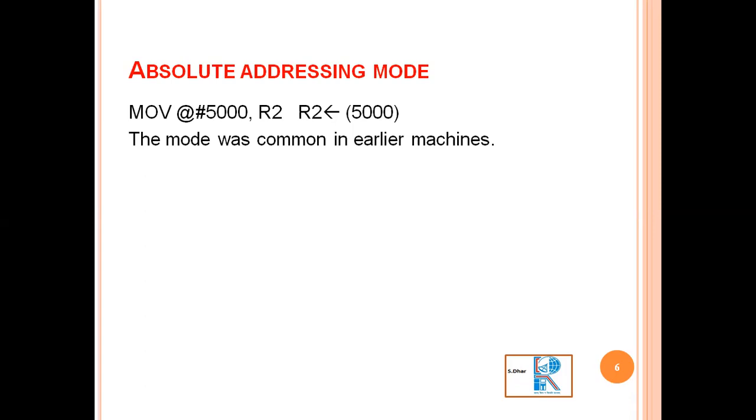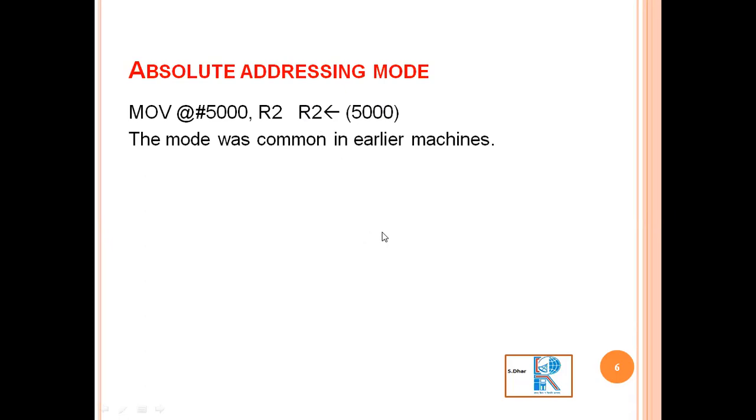So the processor first fetches the instruction, then it will go to address 5000. The address is in hex code. That means the data which is stored in the address 5000 will be moved from that address location to the register R2.